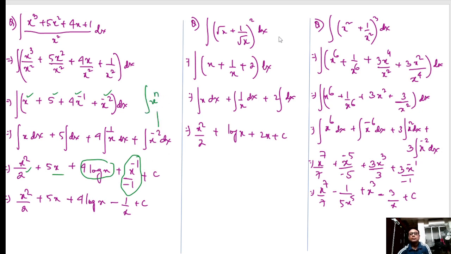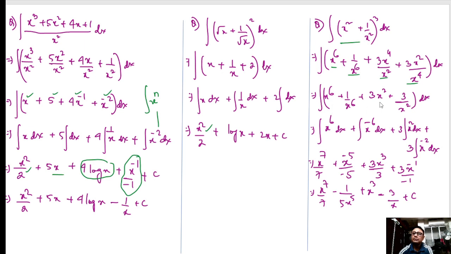Now a plus b whole square is a square plus b square plus 2ab. So x will be x square by 2, 1 by x is log x and dx is x. A plus b whole cube is a cube plus b cube plus 3a square b plus 3ab square.